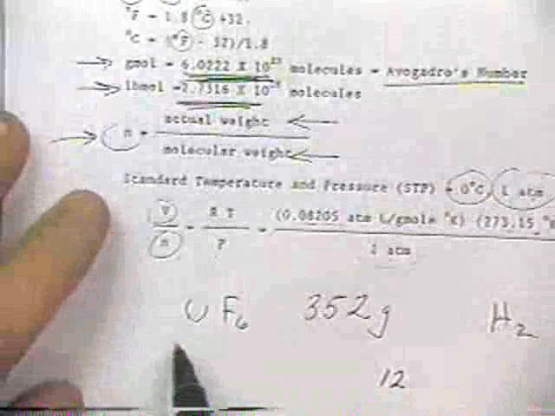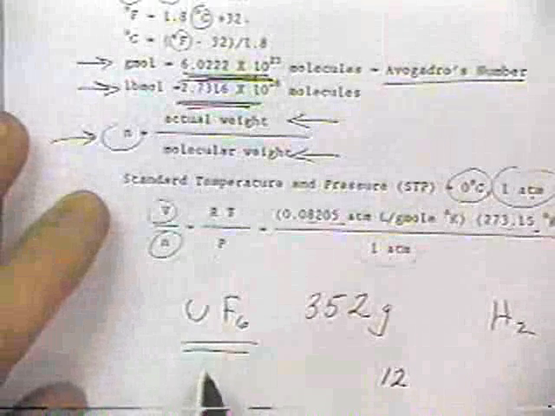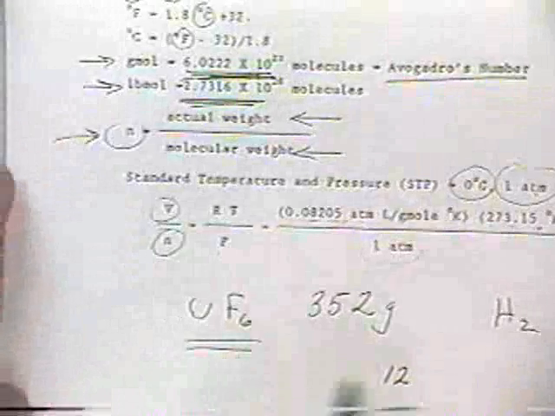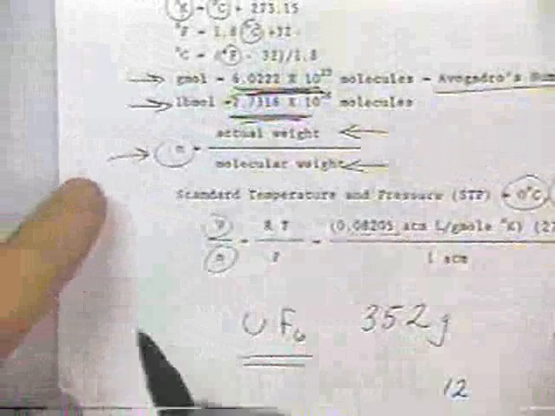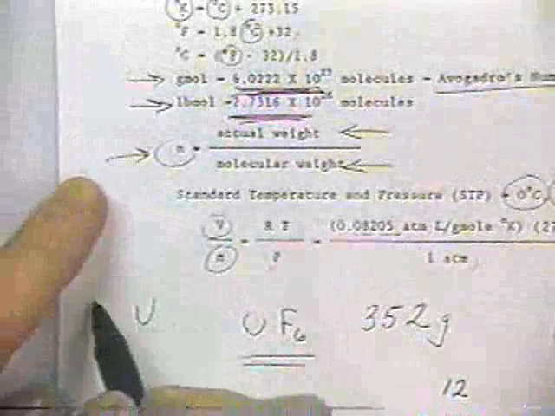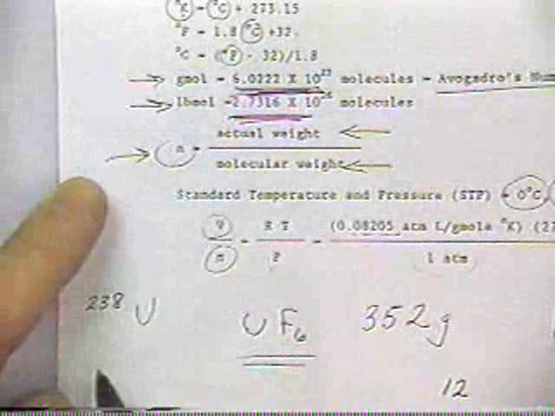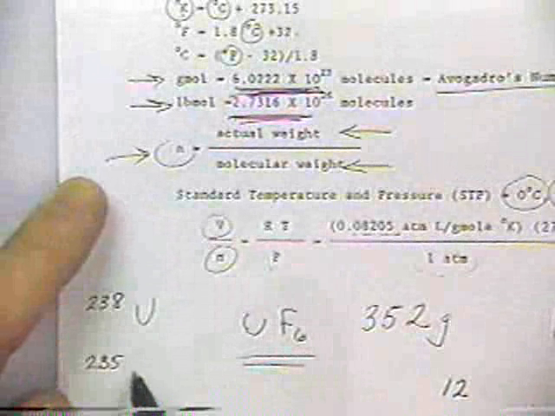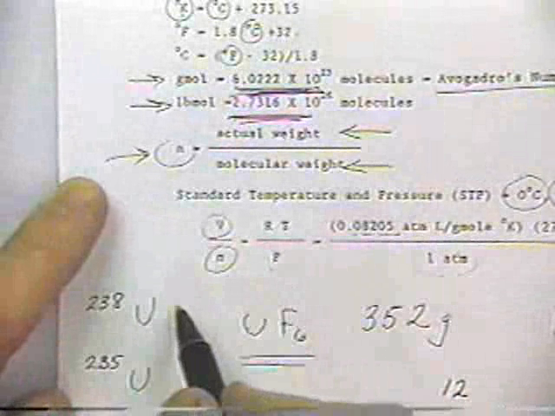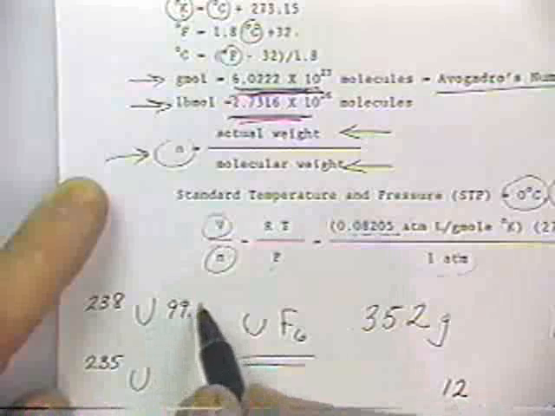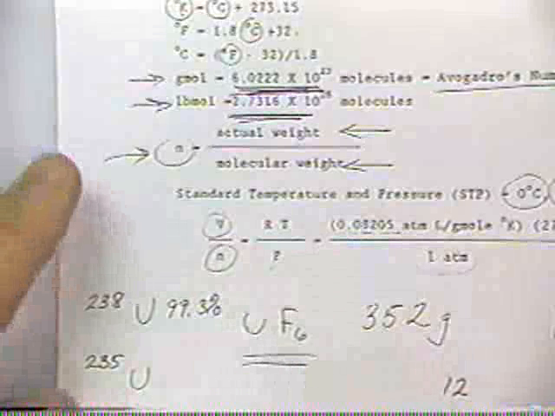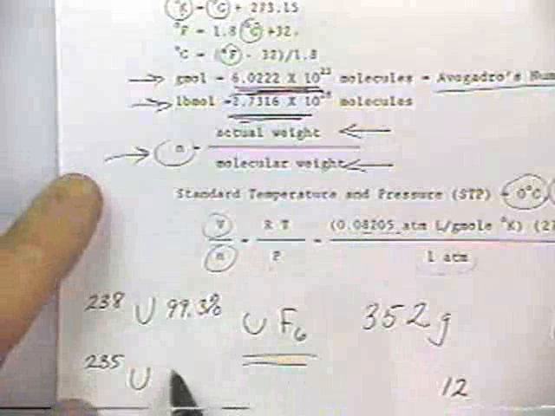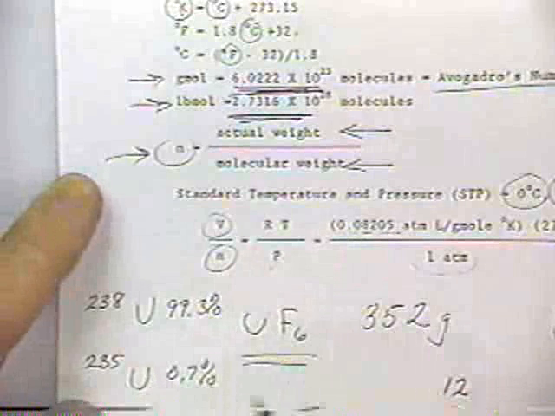Incidentally, if there are nuclear engineers out there, uranium hexafluoride is used to separate different isotopes of uranium. There are 2 common isotopes of uranium, 238 and 235. 238 is about 99.3% of all the uranium that you find, and the 235 is 0.7%.